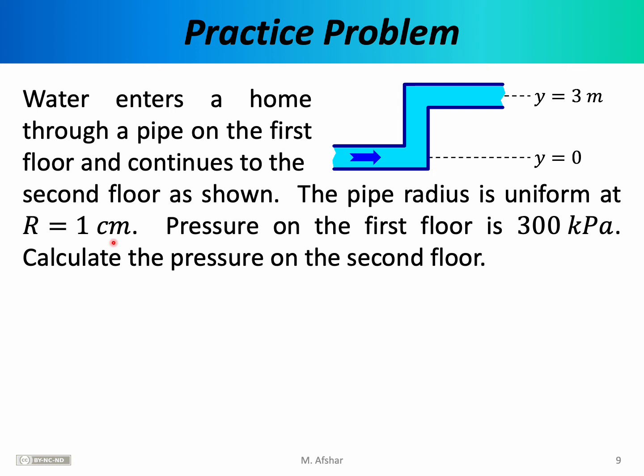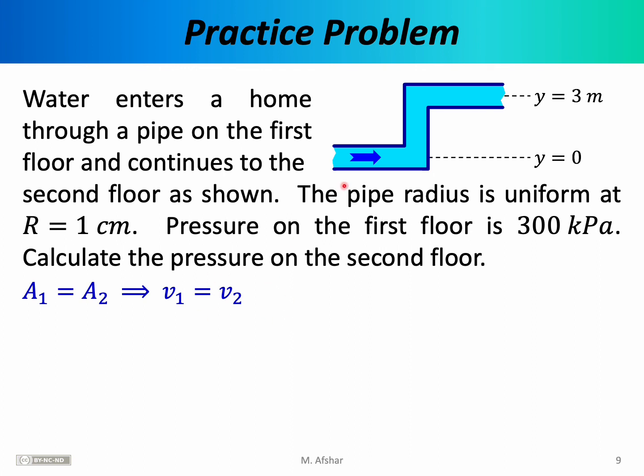It turns out we don't really need the fluid velocity in this problem. What we know is that the radius remains the same on the first floor and the second floor, and therefore the area must remain the same. If the area of the pipe does not change, then the velocity of the fluid does not change either. So the speed of the water molecules on the first floor and the second floor will remain the same according to the continuity equation.